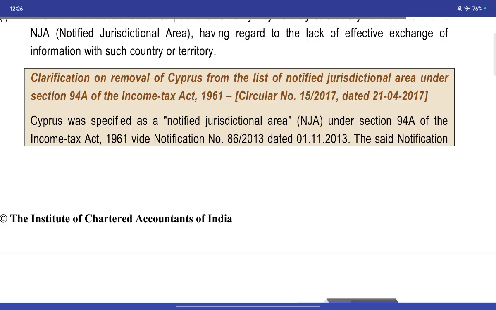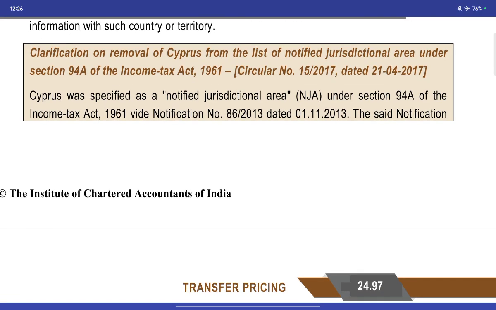Have a list of notified jurisdictional areas under Section 94A of the Income Tax Act 1961, Circular 15/2017.